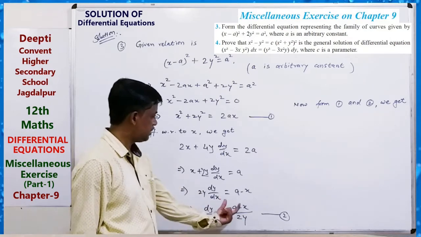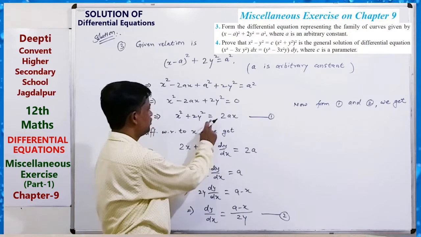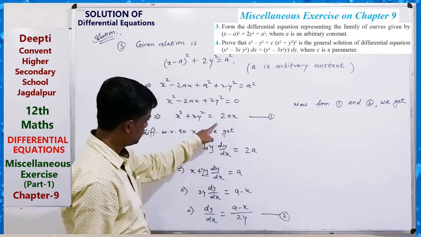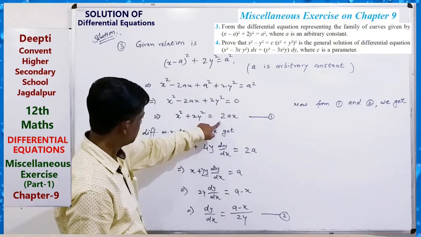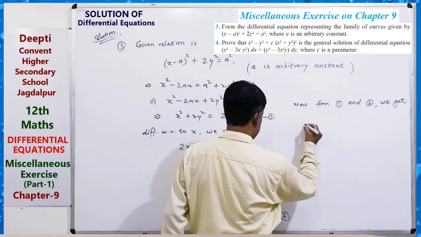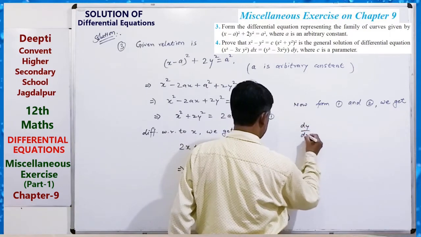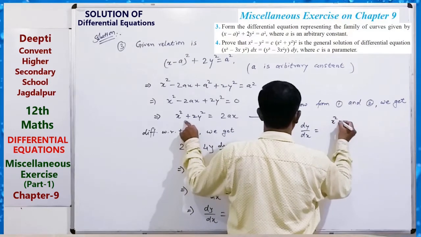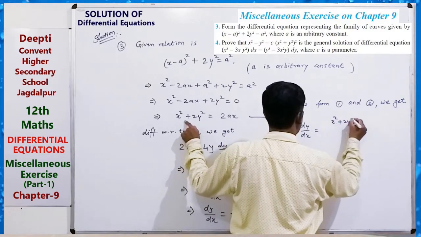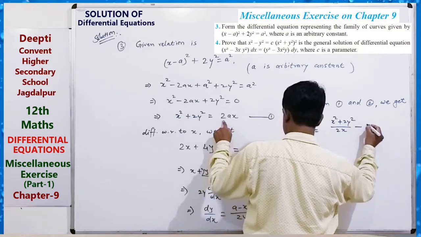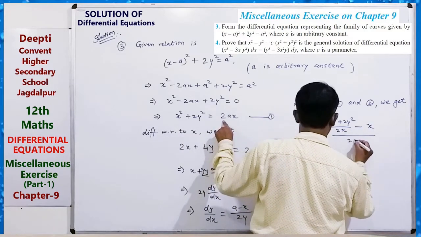So a minus x from here: dy upon dx equals a, that means x square plus 2y square upon 2x, minus x upon 2y.